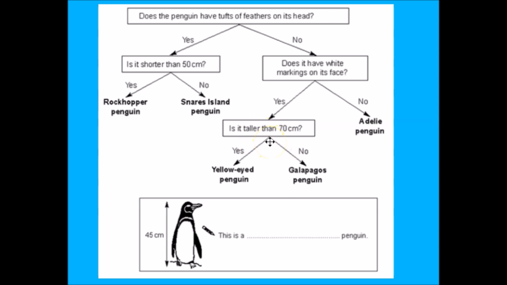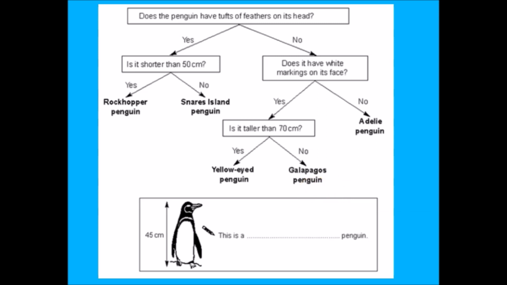Now, is it taller than 70 centimetres? Well, actually, we know it's 45 centimetres, which is less than 70 centimetres, so your answer is no. And the answer to our question is that this penguin is called a Galapagos penguin.